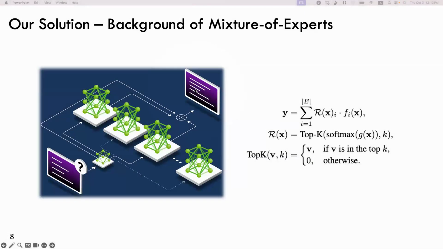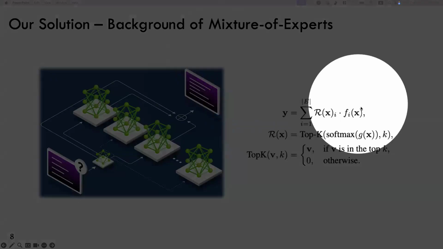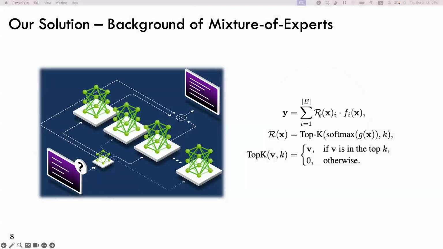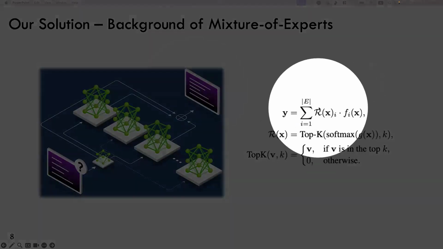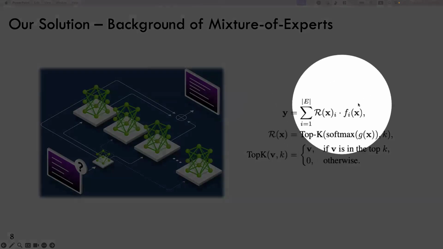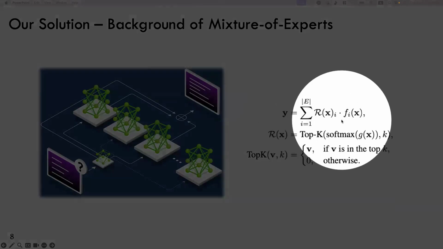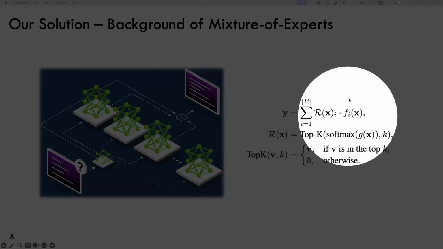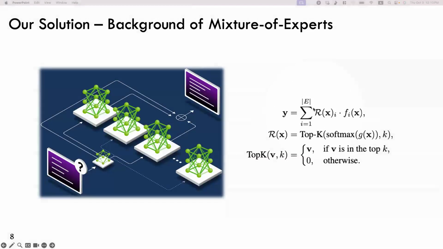So we can go through the equations. The x here is the input. Fx will be the expert features. Then I here is the routing policy. The routing policy takes your x as the input, selects a few experts, and aggregates their information together. So the y will be the final feature embedding for the prediction.